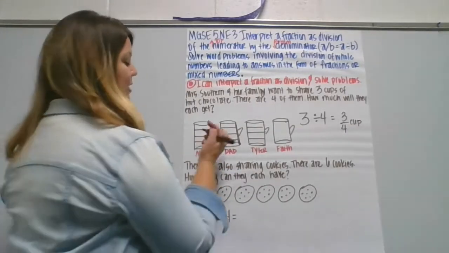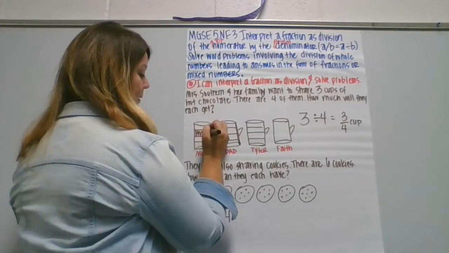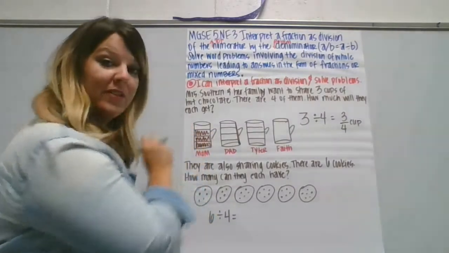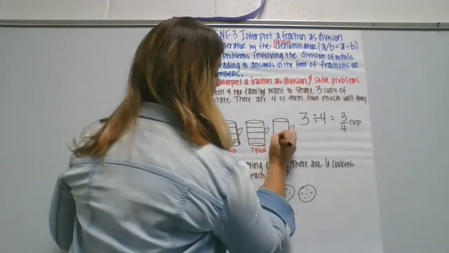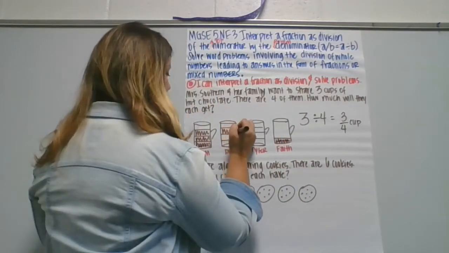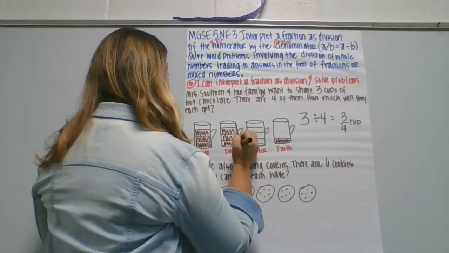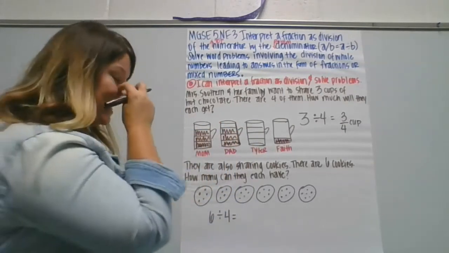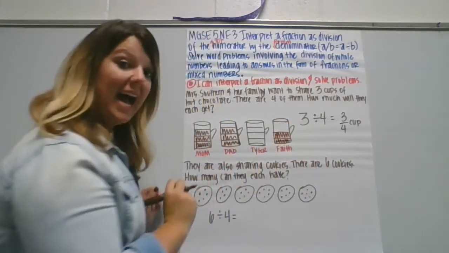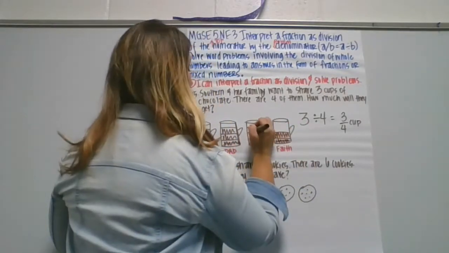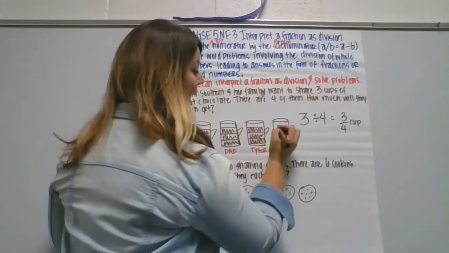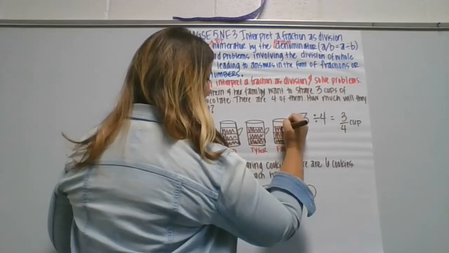So if Mom takes 3/4 of a cup, and I take that top fourth of mine and give it to her, and Dad takes 3/4 of a cup, and we take that top fourth of Dad's and we give it to Faith, and then Tyler takes 3/4 of a cup, and we take that top fourth of Tyler's and give it to Faith.